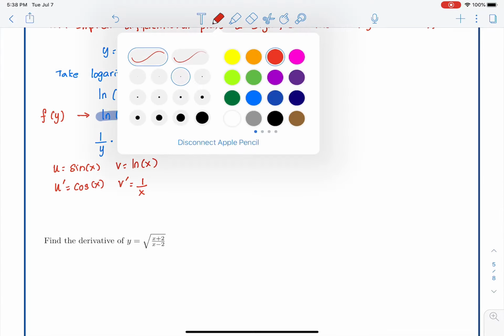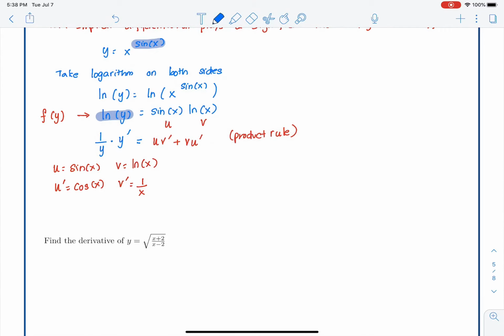Now we could go ahead and plug in the values that we found. So 1 over y times y prime equals u, which is sine x, multiplied by v prime, 1 over x, plus v, ln of x, u prime, cosine of x.